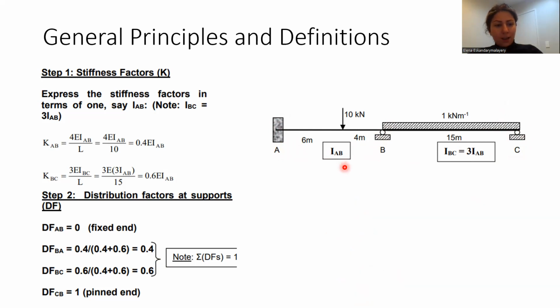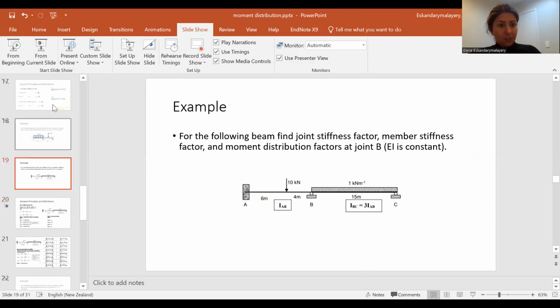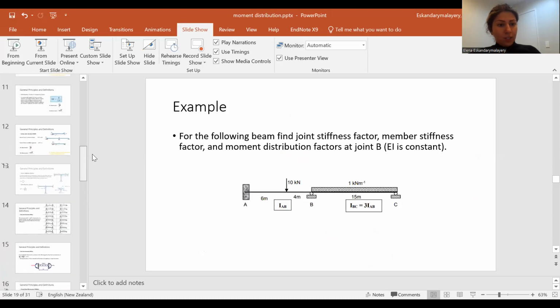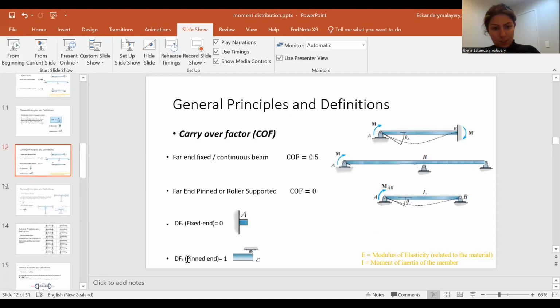I know that I didn't change it in the other slide. So here, when I was saying this, that was COF. COF must be 0 at both types of support. So if you have a fixed end, it is 0. If you have a roller or pin end, it is also 0.